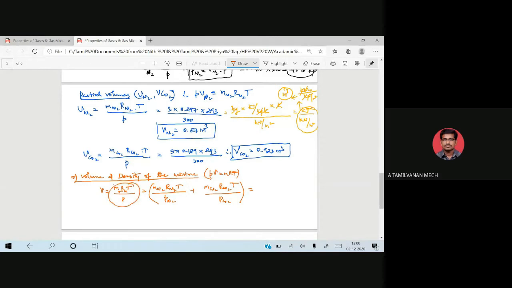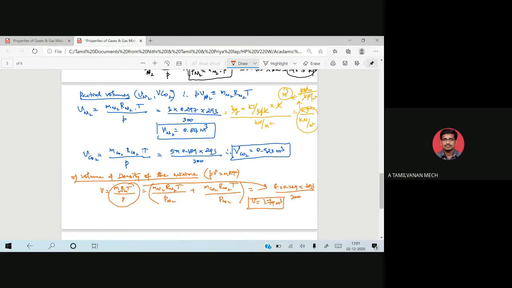So 8 into, we can find the mixture, that is 229 into 293 divided by total pressure, which can be written as 300. Again, substituting the proper units, we get the total volume V equal to 1.79 meter cube.